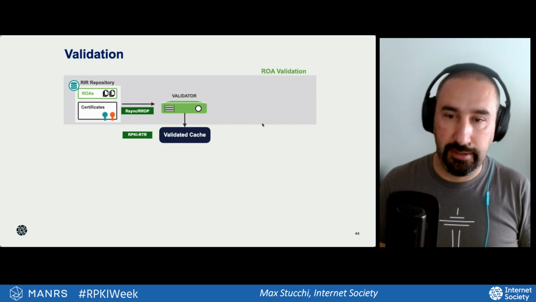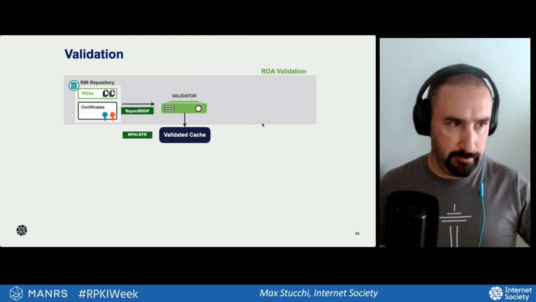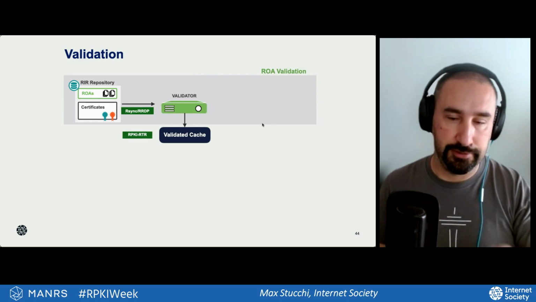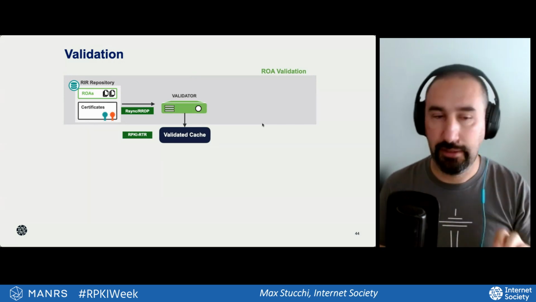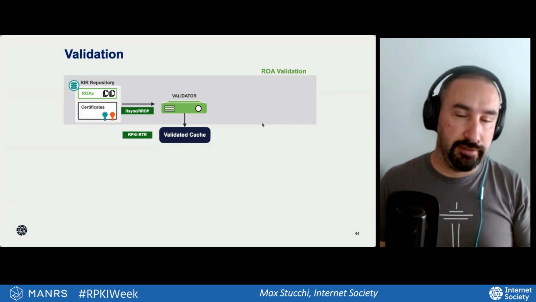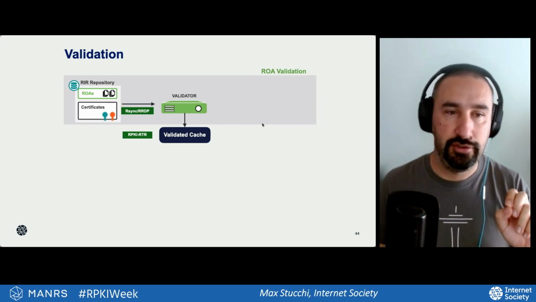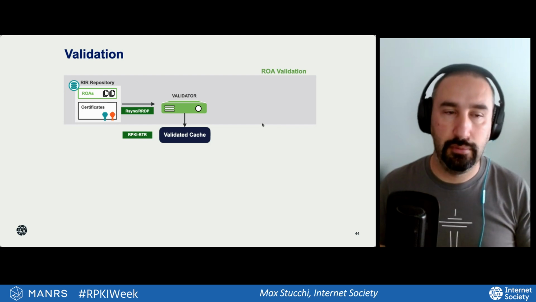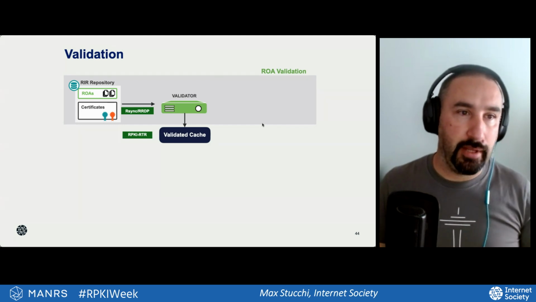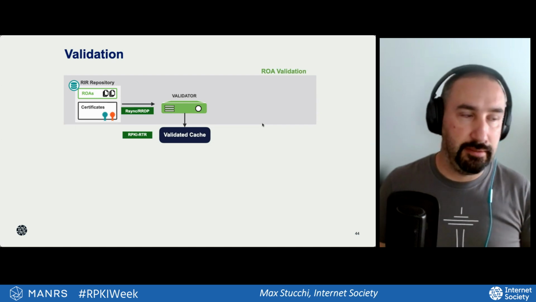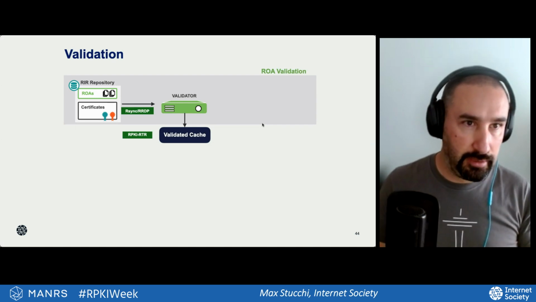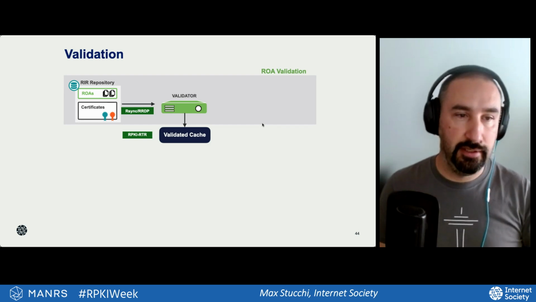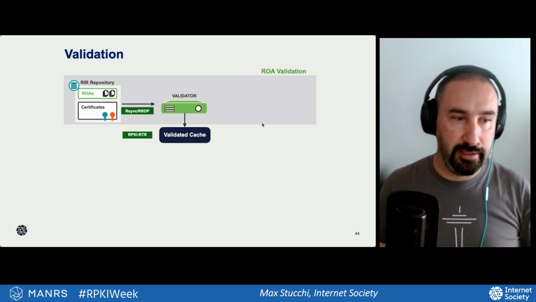So there is an action that happens between the download of all the data and the creation of the validated cache. The validated cache only contains ROAs that have passed the check of the chain of trust. So ROAs from an LIR or a member that didn't pay their fees and had their certificate authority or certificates revoked don't make it into the validated cache.